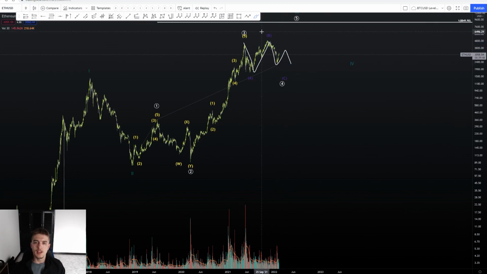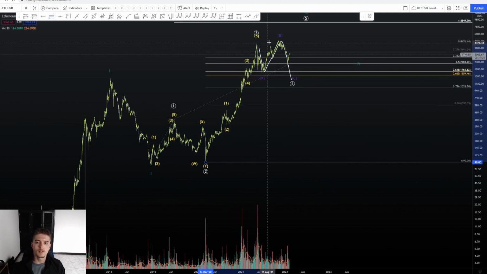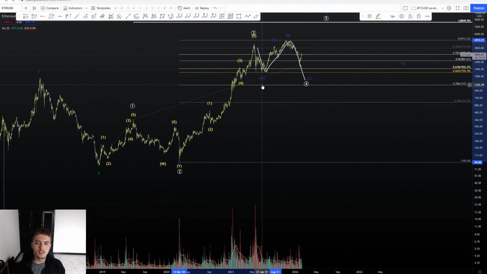But if this were to just end as an A, B, C, as a running flat, or even an expanded flat down here, then we could already see, if we pull a Fibonacci retracement tool from the low down here to the high up here, that it already retraced the golden pocket right here, which is a pretty typical retracement for a wave 2.